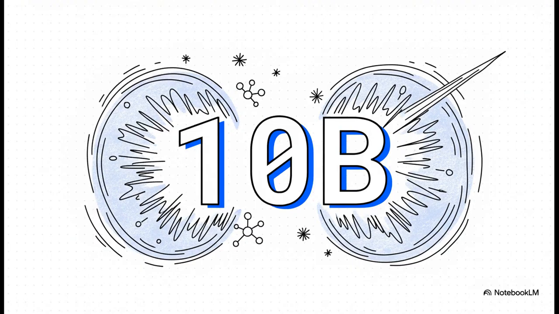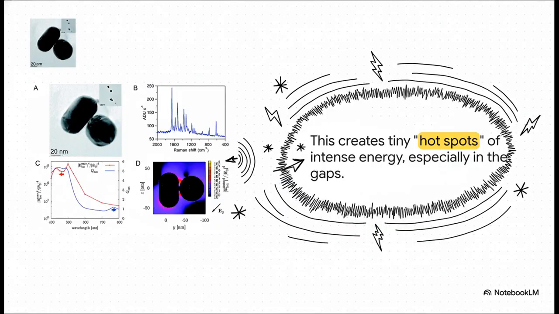And when I say massively, I am not kidding. The signal can get amplified by up to, wait for it, 10 billion times. This isn't just turning up the volume a little bit. This is like going from a whisper to a supersonic jet. I mean, what an incredible scientific leap. But here's the thing. This incredible enhancement isn't just spread out everywhere. If you look at this calculation here, you can see that energy gets super concentrated into these tiny little areas called hotspots, especially right in the gap between two nanoparticles.